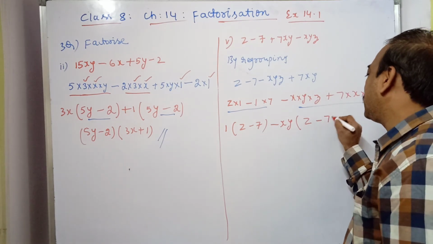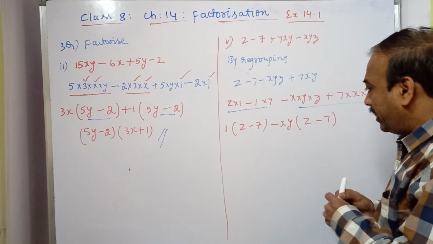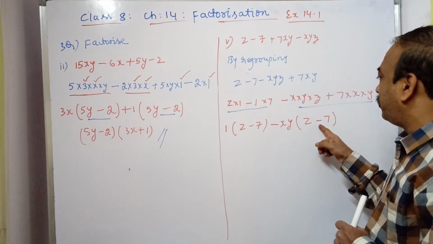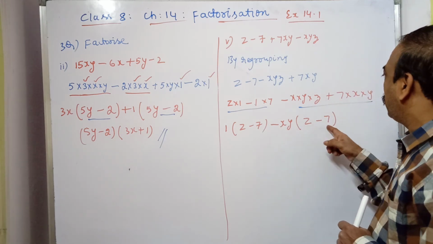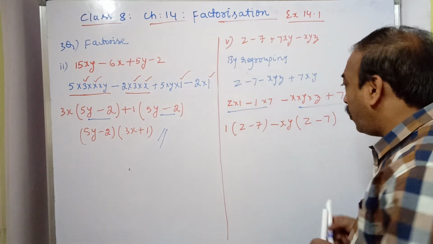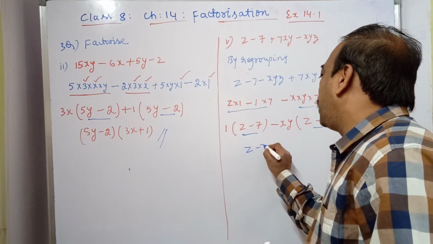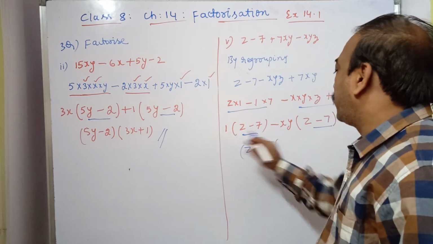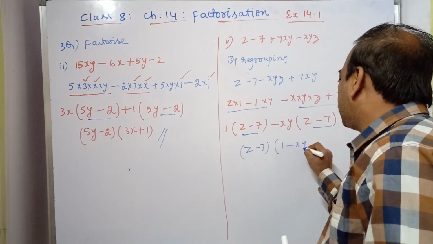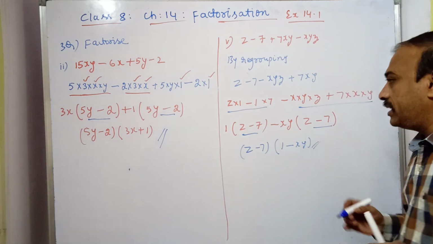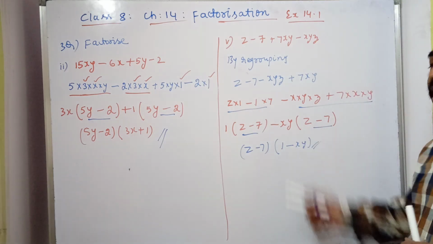So we write minus 7. When you multiply, minus into minus is plus, xy into 7 is 7xy. So now z minus 7 is common. So z minus 7 into leftover 1 minus xy. This is the factorization.